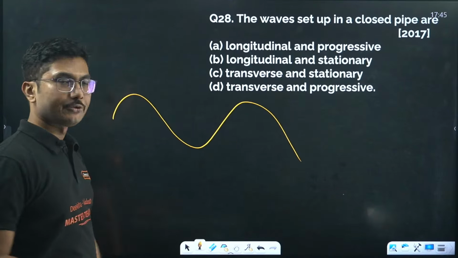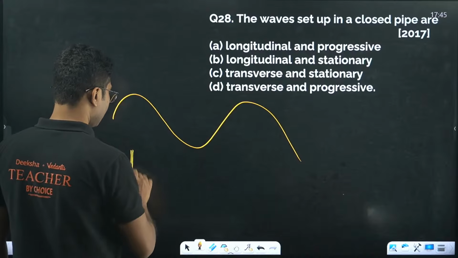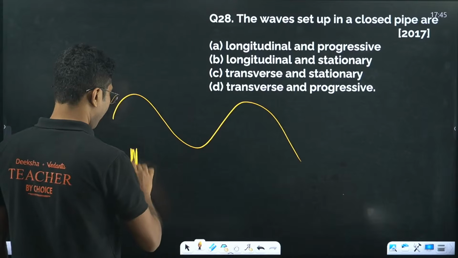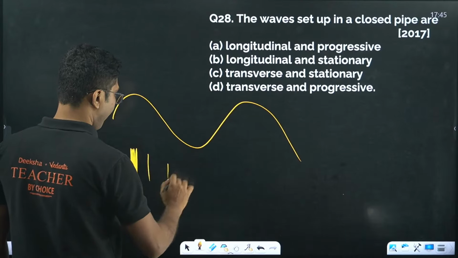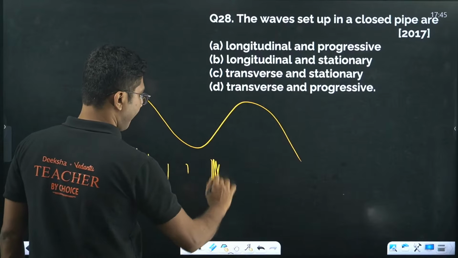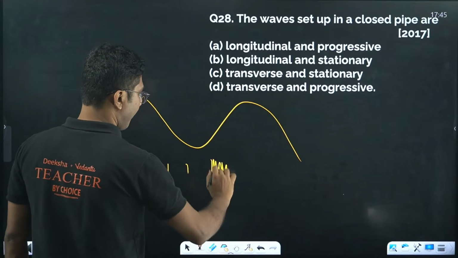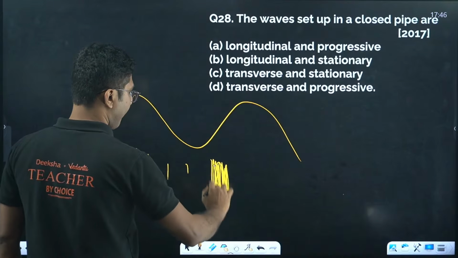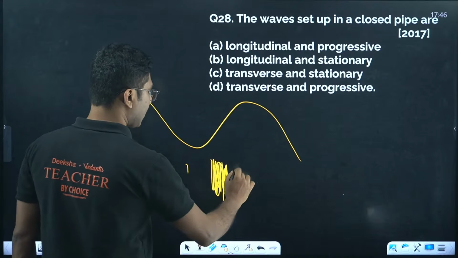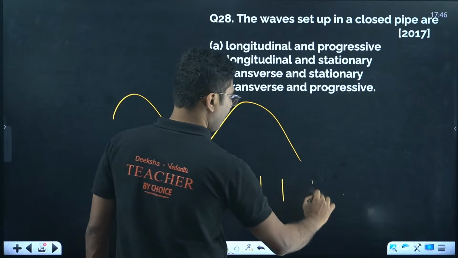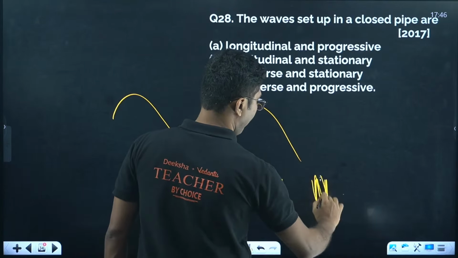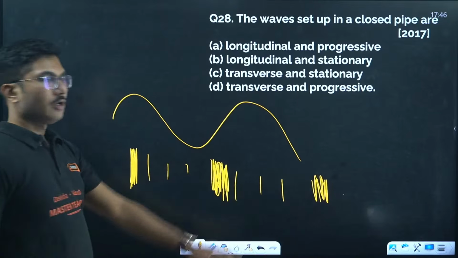And longitudinal is like this. If the sound travels like this, it is called a longitudinal wave.